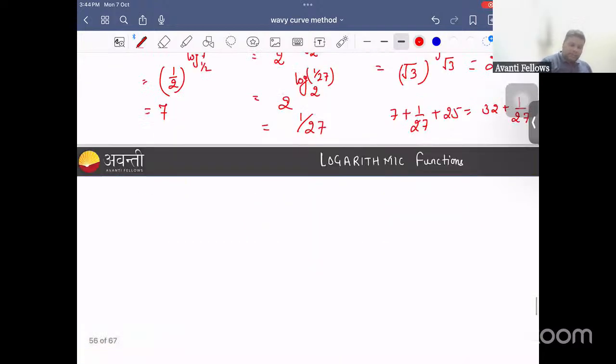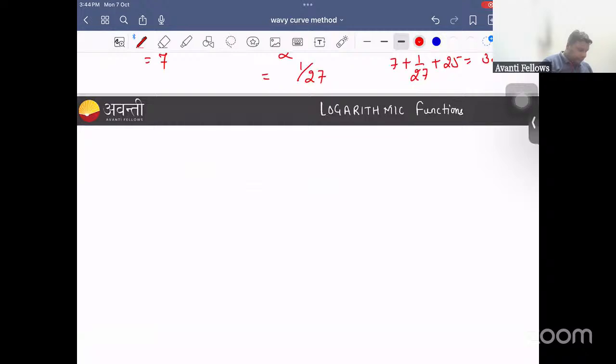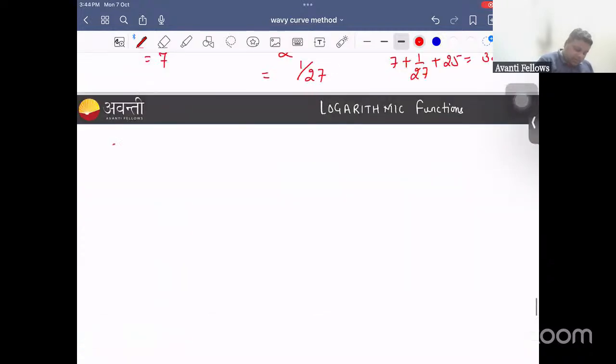Now see the next question. Okay, in properties, one more property: a to the power log b base c. Here you can interchange this a and b. c will remain as it is, no change in c. So it will become b to the power log a base c.